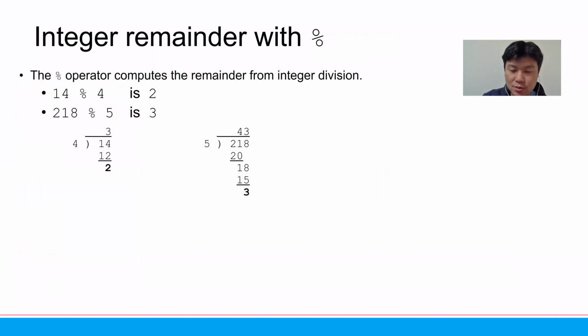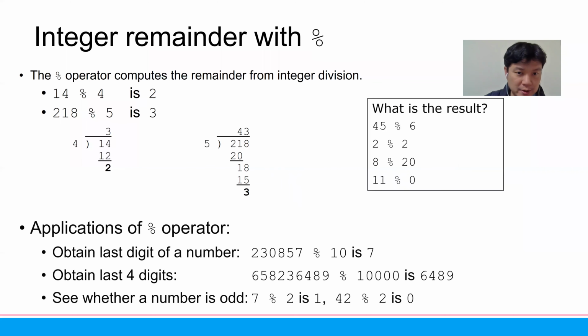If you want to know the application of the remainder value, we have several applications. For example, I want to know only the last number, usually when you want to know the odd number and the even number.